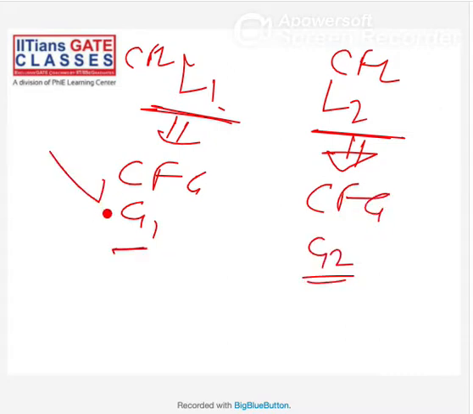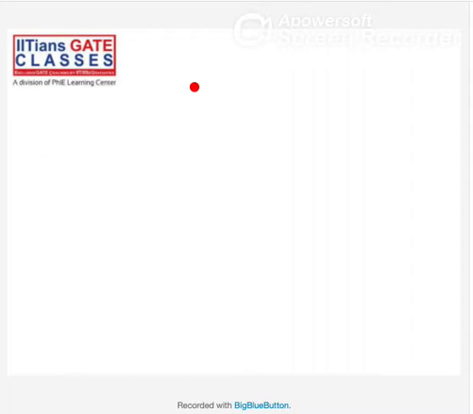For every CFL, you have some CFG which will generate that CFL. Similarly, every CFG generates a CFL. So because L1 and L2 both are CFLs, we have CFGs G1 and G2.